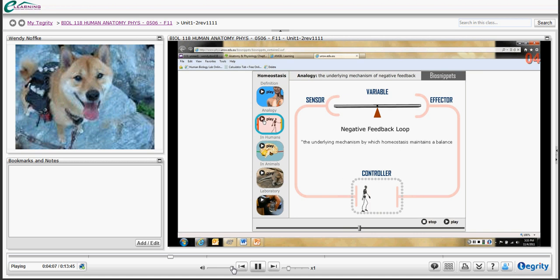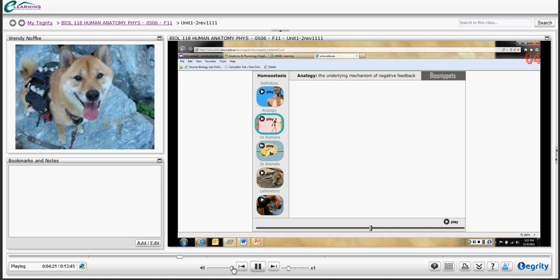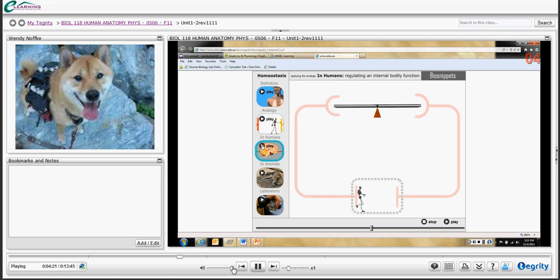The control center is now alerted to the fact that the variable is outside the acceptable range or set point, and in turn causes the effector to respond to counteract this change, both in magnitude and direction, so as to return the variable to its initial stable state. This negative feedback loop, which begins with a stimulus and ends with a response, is the underlying mechanism by which homeostasis maintains a balance in order to ensure optimal metabolic efficiency. In the next module, we will see how this response loop operates in a biological example.